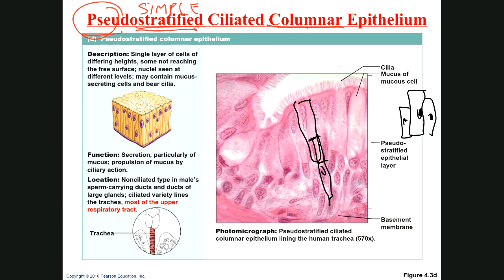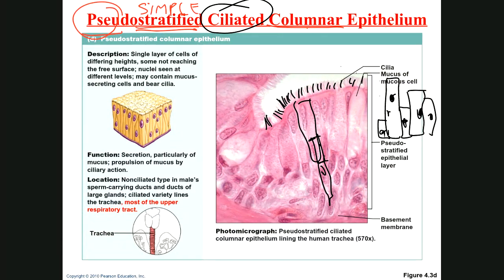And so it gives the illusion of being stratified because the nuclei are at different levels. So you can see the nuclei at all different levels, and that gives the illusion of being stratified. A characteristic of this tissue is that it's ciliated, meaning it has these protein fibers that stick out of the cell membrane.